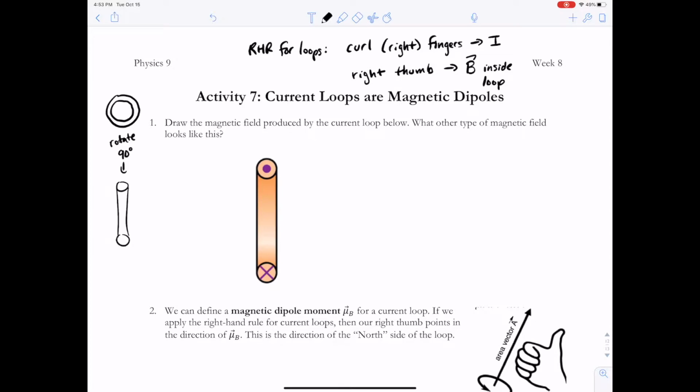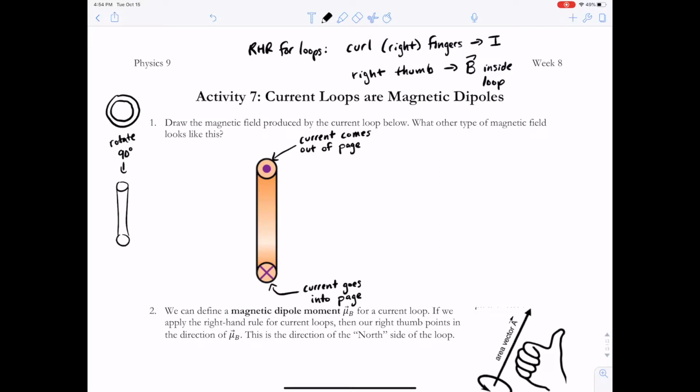And for this figure, at the top, we have a dot which signifies the current for this loop is coming out of the page. So current comes out of the page at the top part, and then at the bottom, this X signifies that the current for our loop is going into the page.